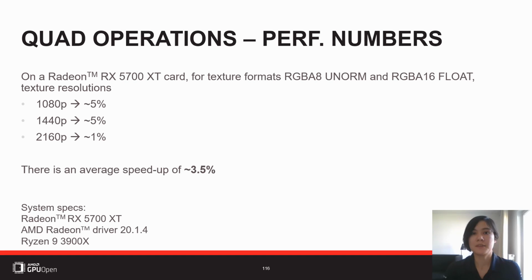The reason is probably that for high resolutions, we are mainly bandwidth bound. So for high resolution, we need to optimize the texture access for the source image, but for low resolution, we in general make better use of the cache, because the data just fits better in the cache, we don't have so much data to load, so there we can benefit from these quad swizzles.